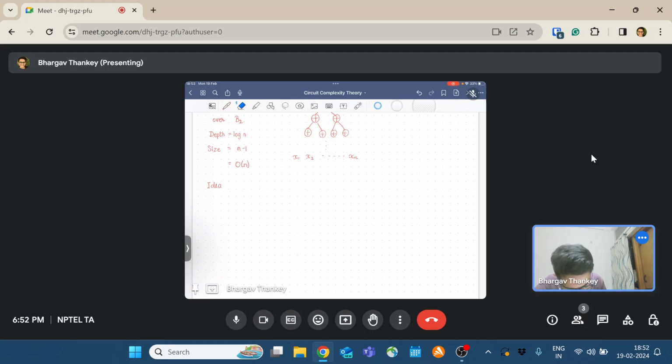Let me attempt one. Write this circuit. And instead of x, y, now what would I have? I would have input one, input two, right?